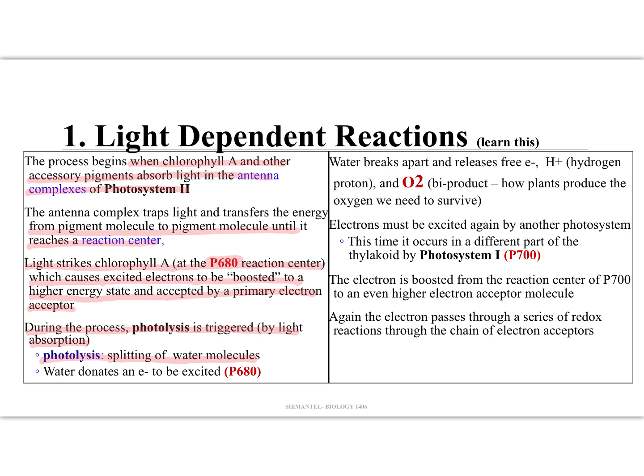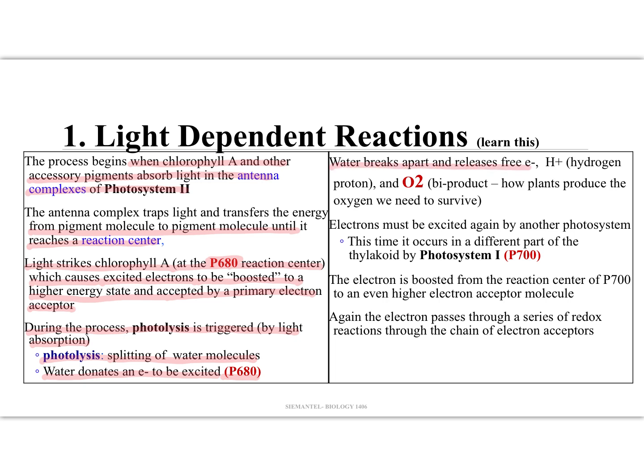Now, why do we need this to happen? Well, the water, the hydrogen specifically in the water, is going to donate the electrons that will become excited to P680. Every time water gets split, more electrons get donated. For as long as we have light, we are going to have the process of the light-dependent reactions take place. So water is going to break apart.